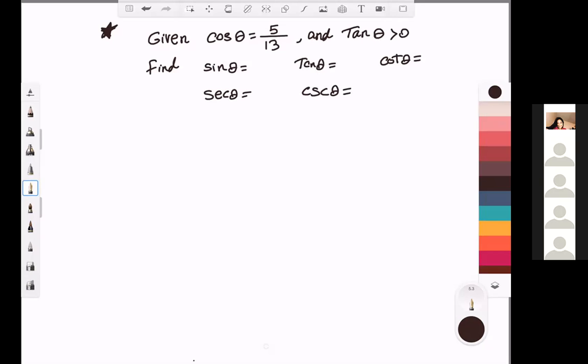So the same type of question. I give you one trigonometric value for theta and ask the remainder.